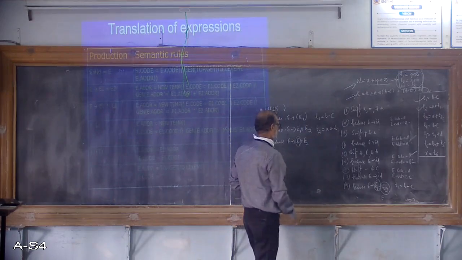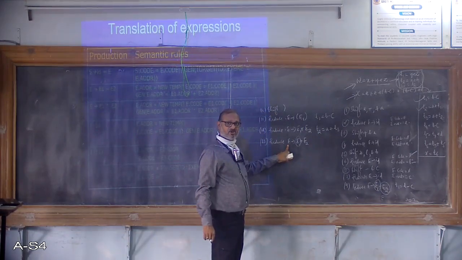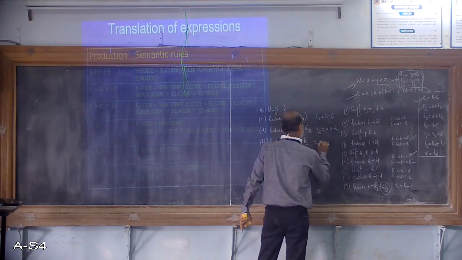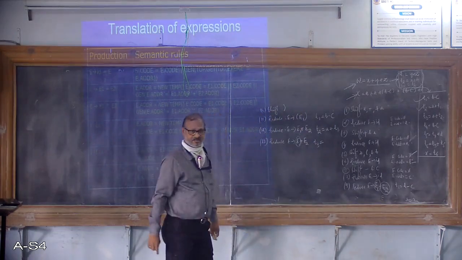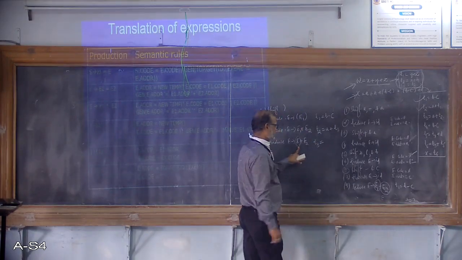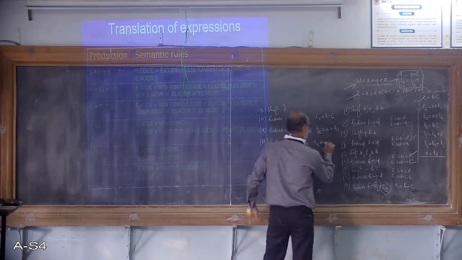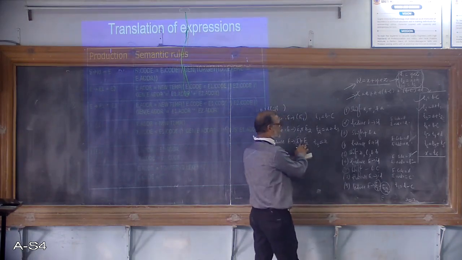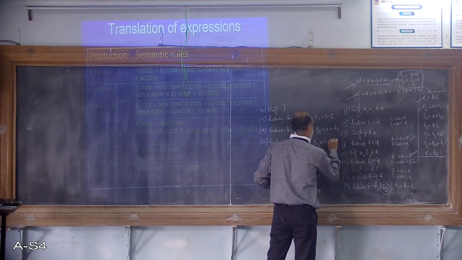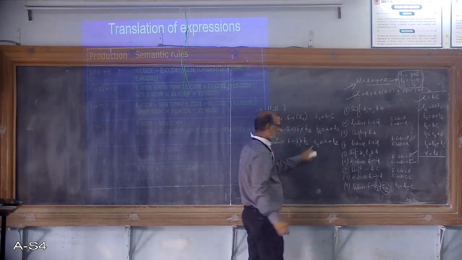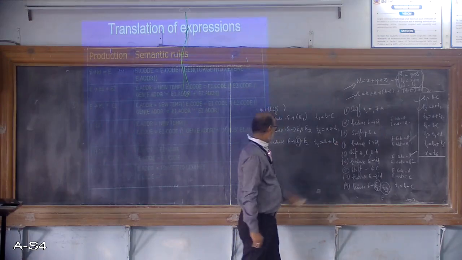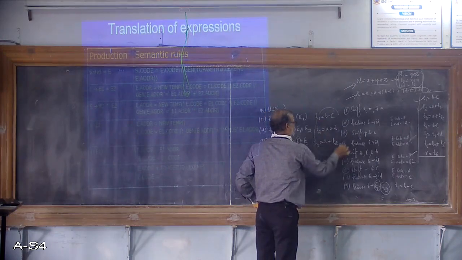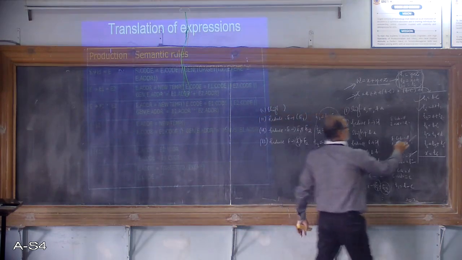I first define the value associated with the sequence by requesting a temporary, that is E.address. So the next requested temporary is T3. T3 equal to E1.address, which is A, then E2.address, which is T2, operation is plus. So T3 = A + T2 is the new 3 address code that is generated. So E.code is first this, next this, and then next, so I have 3 sequences of 3 address code generated, that is this part.